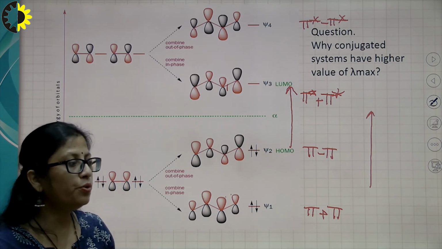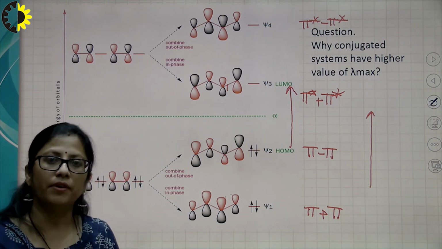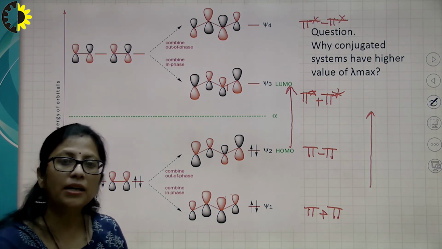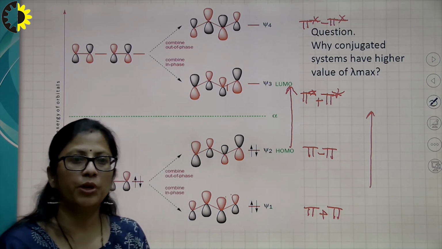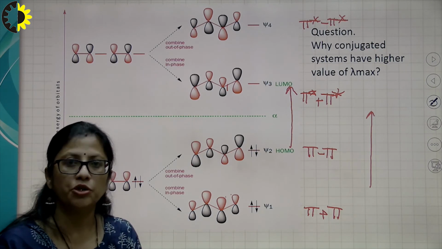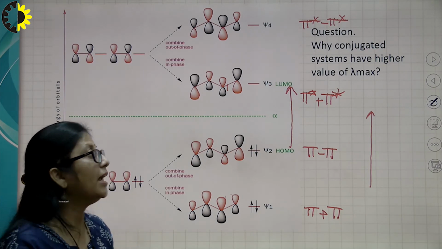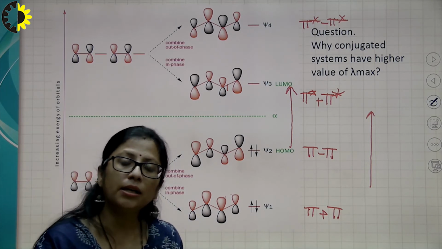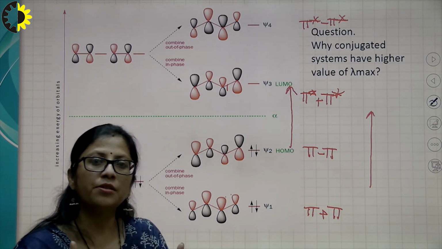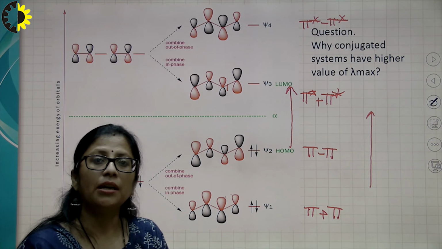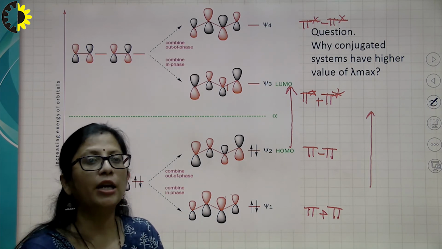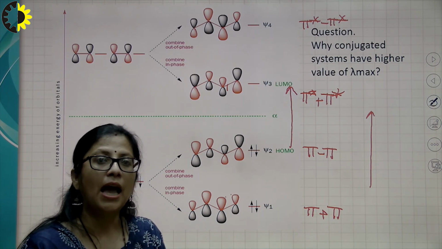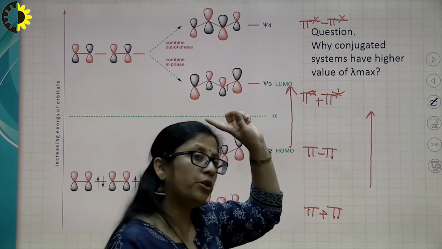So, if two examples are given, then the one containing longer conjugation or the higher value of conjugation will have a higher value of lambda max, and the other compound in which the conjugation is breaking in between will have a lower value of lambda max, and it will show the blue shift.